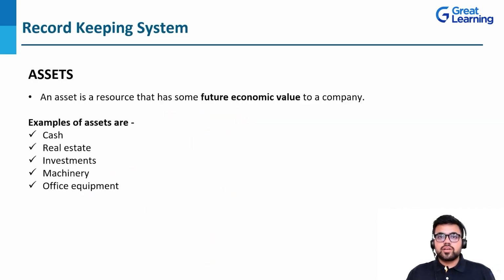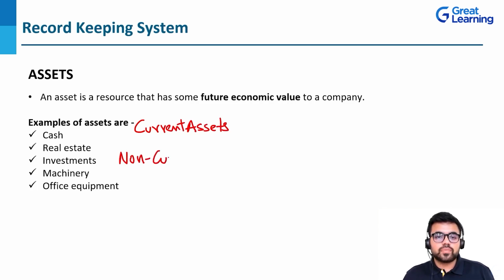Next is assets. Now, an asset is something that has a future economic benefit to the company. So it can be cash, real estate, investments, machinery, patents, office equipments, vehicles, etc. Now, assets can be divided into two parts. Number one being current assets, and the second one is non-current assets.